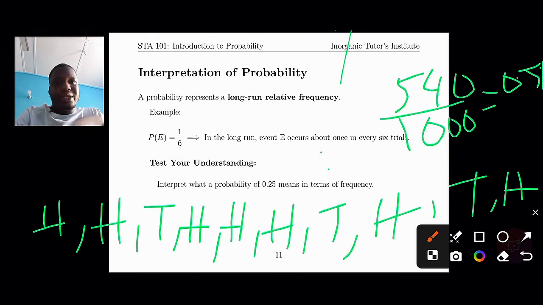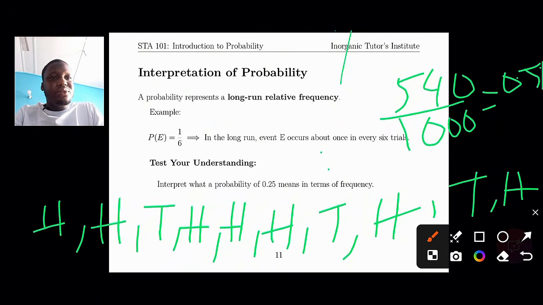what you obtain from the classical probability. When I say classical probability, I mean when we toss a coin, by the definition of classical probability, what is the probability of getting a head?